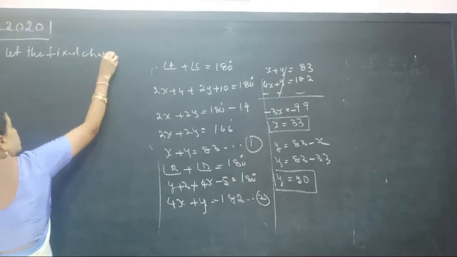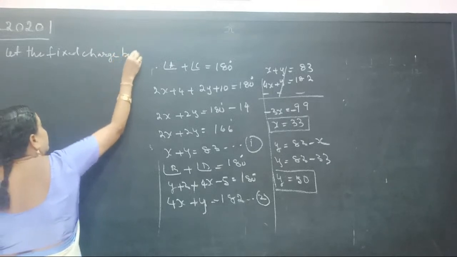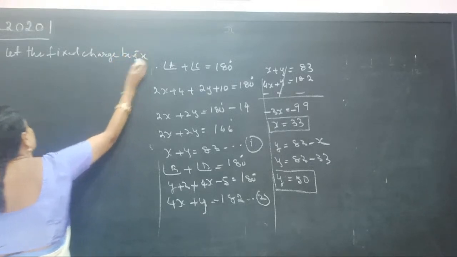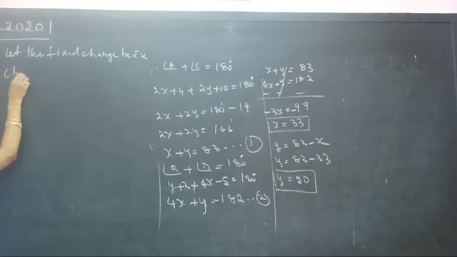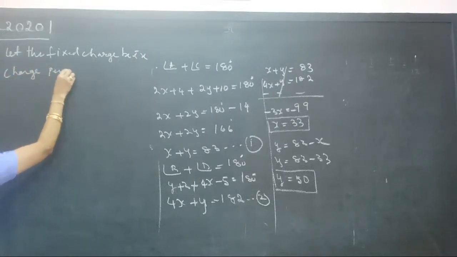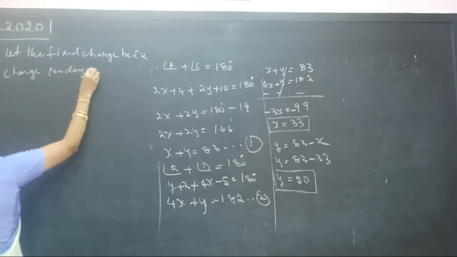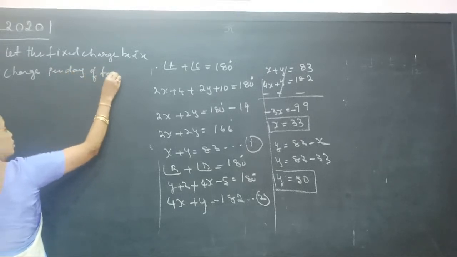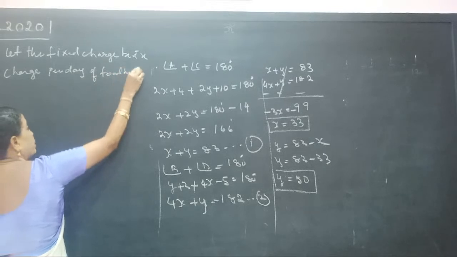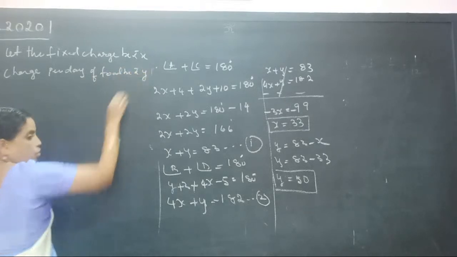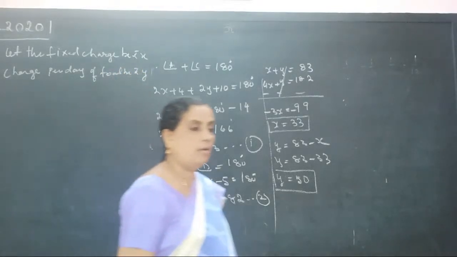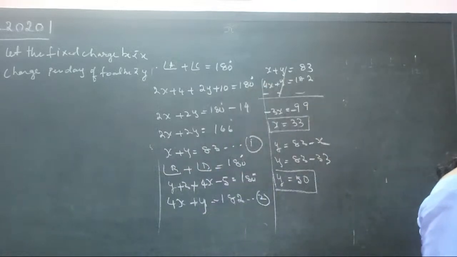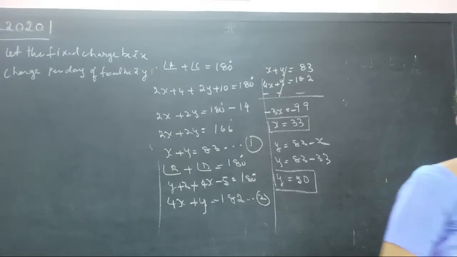Let the fixed charge be rupees X. Charge per day of food be Y rupees. So the X variable gives the fixed charge amount and the Y variable gives the cost of food per day.